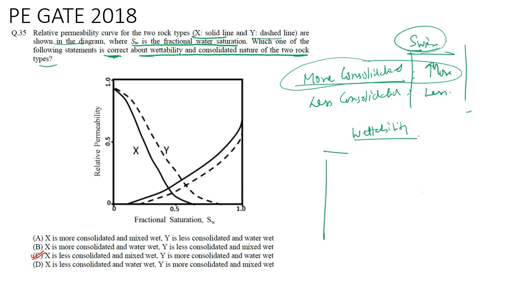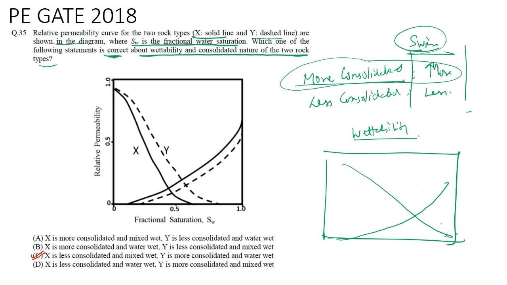Now let's see, if I am plotting a relative permeability curve, sorry, this is for a water wet system that I have plotted. And for the same plot for an oil wet system, my relative permeability crossover point will be comparatively at a lesser water saturation.